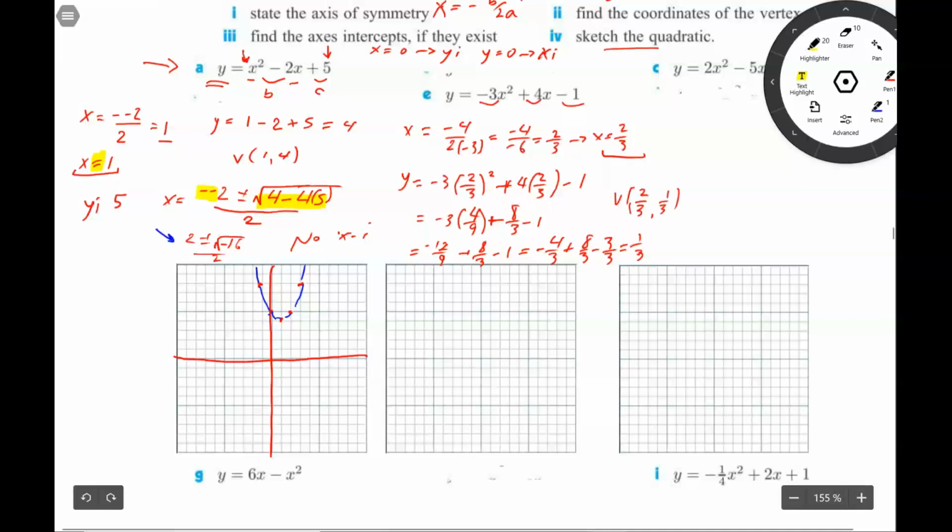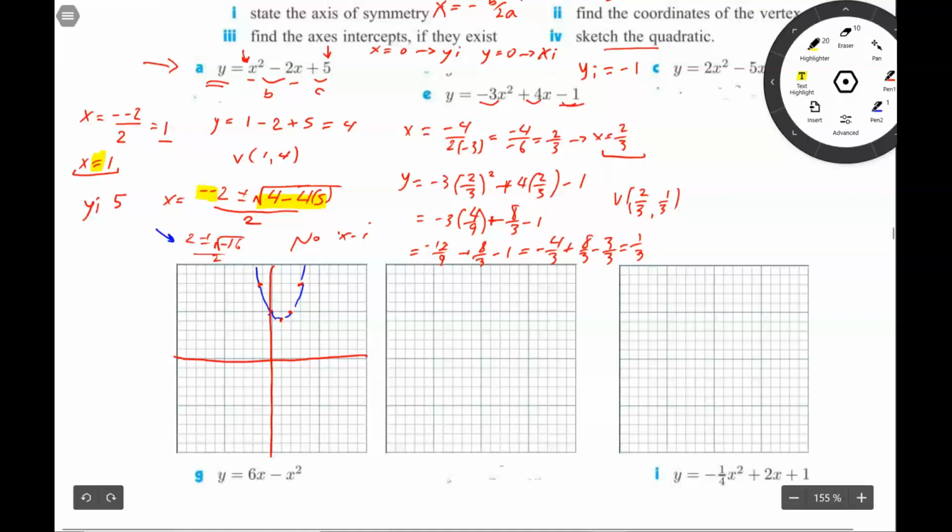The next thing we are going to do is find the y-intercept, and the y-intercept we know is equal to the c value, so it's equal to -1. And the other thing we're going to do is find out what the x-intercepts are, and the way we do that is we use the quadratic formula.